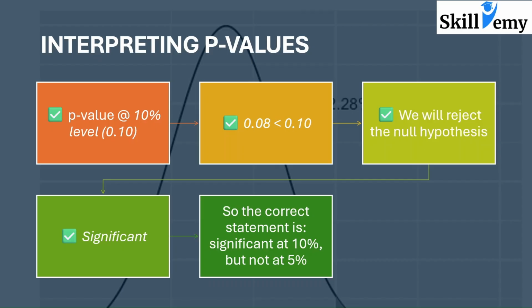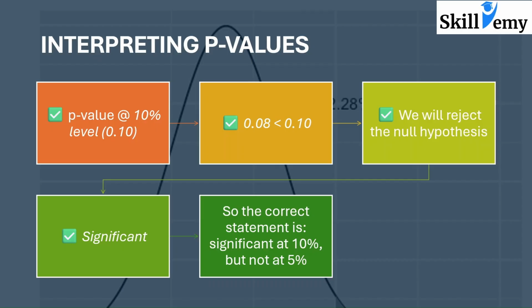So at all times, when you set your threshold above 5%, whichever percentage, 10%, 8%, whichever you set, in your interpretation you need to indicate the significance level you set. So the correct statement to make in this case is that the result is significant at 0.10 significance level, or it is significant at 10% significance level, but not at 5%.